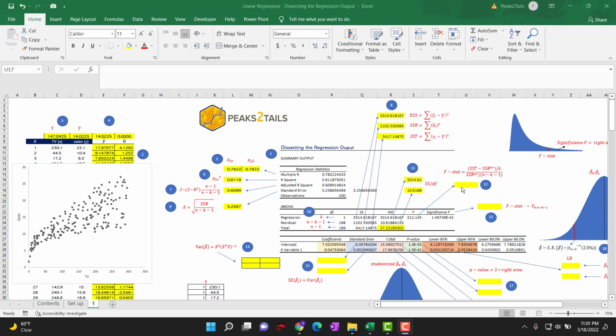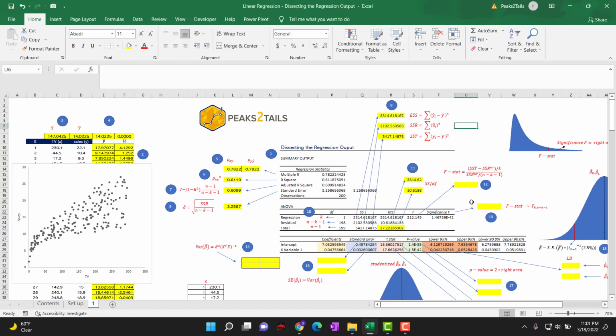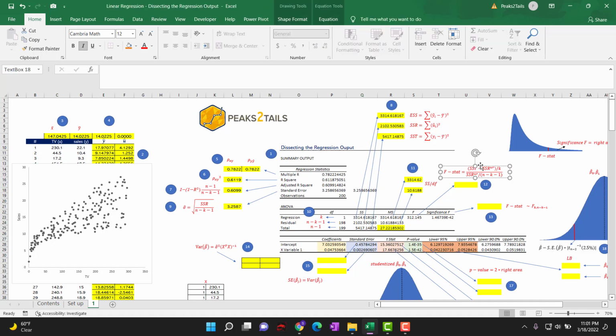So the restricted model would be that if we don't include that regressor, so just the intercept, what will be the sum of square residuals? And that will be SST, the total sum of squares. If we use the regressor, then our updated SSR, which is the SSR of the unrestricted model, is nothing but the residual sum of squares that we have here, right? Using those two, we calculate the F-statistic as per this formula.